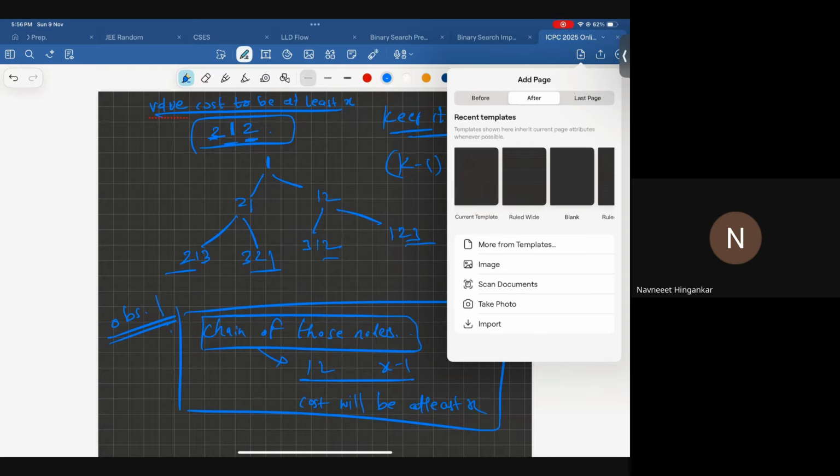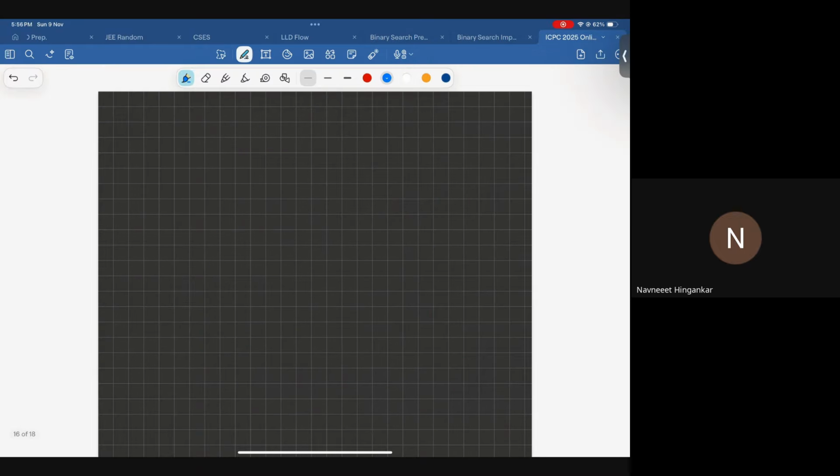Observation 2 was like, let's say I found the chain, whatever my chain was. The chain could be anything, like let's say this is my tree and I need only 2 values. This is the infinite tree, let's say. So I could put those chain numbers anywhere, like 1 2, or I could put it here 2 1, anywhere. If my chain is 1 2 basically, or 2 1, I could insert it anywhere. These middle nodes we don't care about.